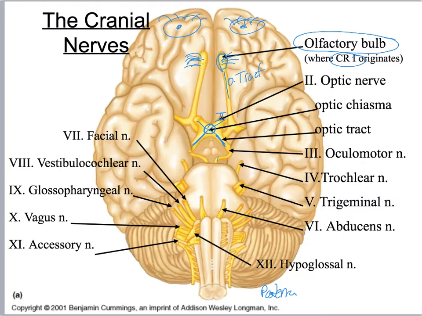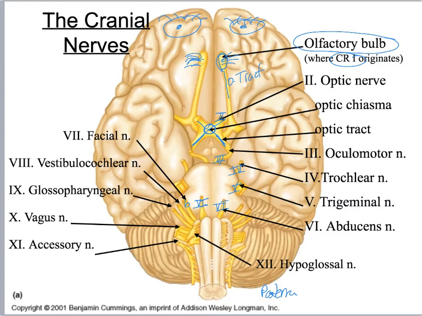Now we've got the oculomotor right here. We've got the trochlear. We have the trigeminal here. Then you have number 6, abducens.